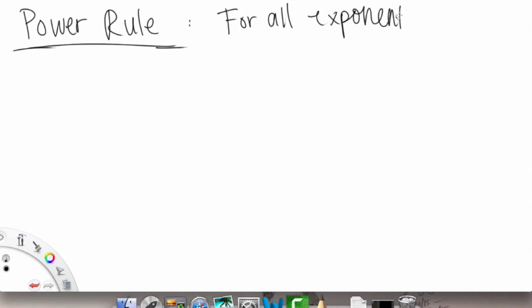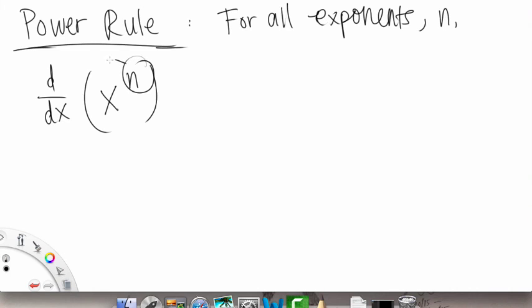The power rule is one of the most important things you're going to learn about differentiating. It's definitely one of the most common things I see when I take the first derivative. Basically, for all exponents n, if we have x raised to the n power and you differentiate that, d/dx, then we take this exponent, move it down in front of the x, and make it the coefficient.